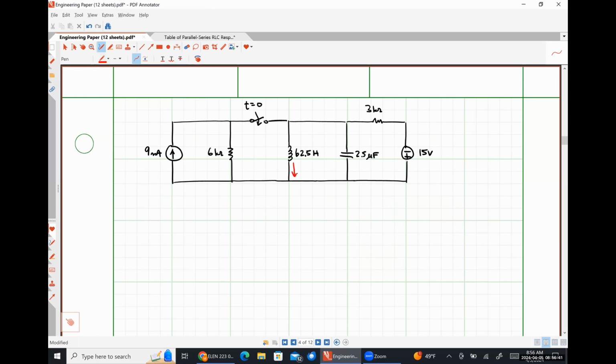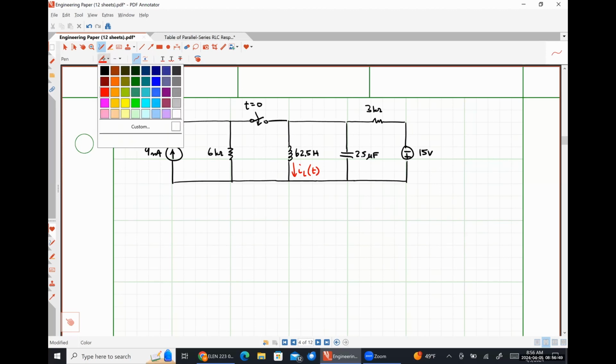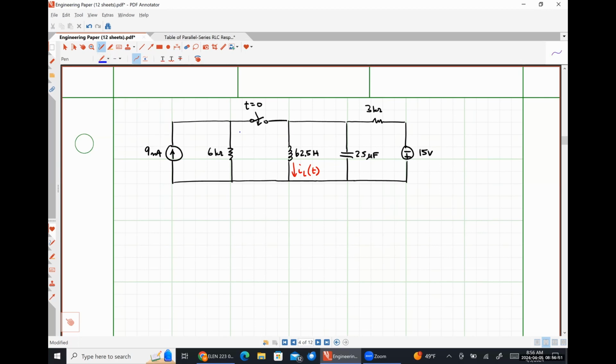I want to solve for this inductor current, IL of t, and I want to solve for this resistor voltage, VR of t. Realistically, these are the only two things that we're going to need to keep track of here.